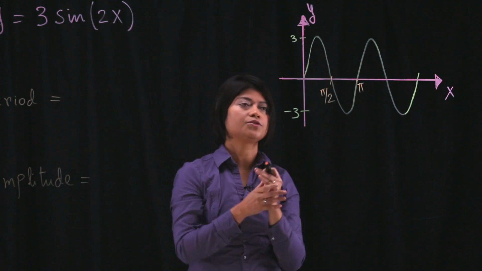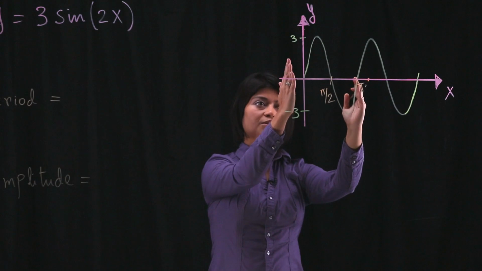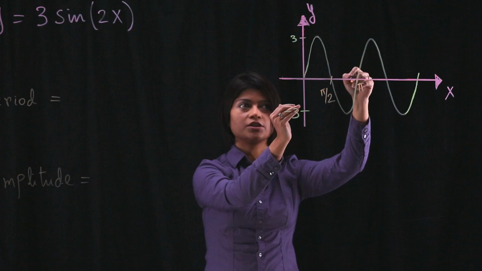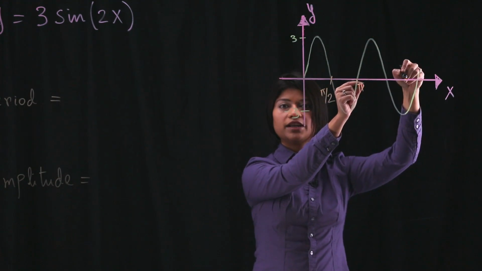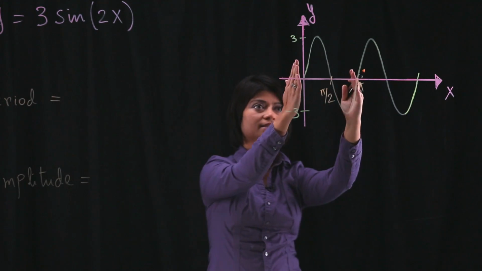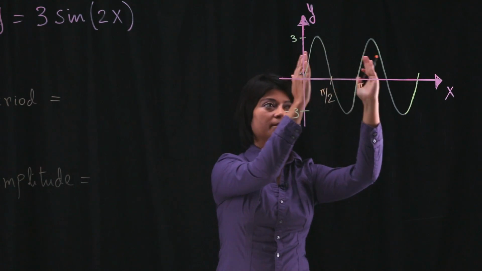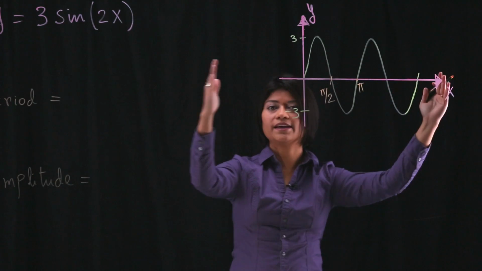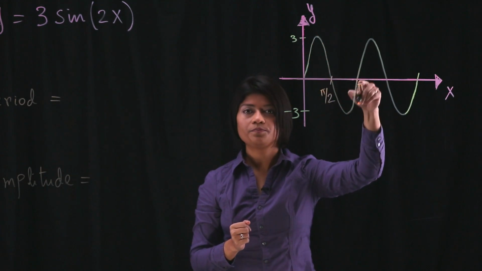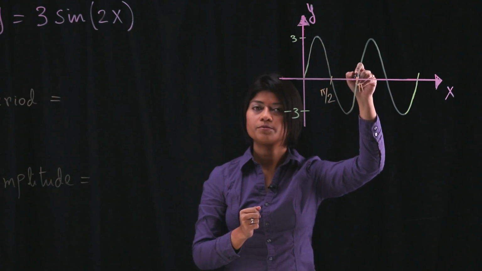Pi over 2 plus pi over 2. So the curve between 0 and pi, notice that portion repeats again, and it will repeat again, and on the left side too. So you can basically just cut that and then paste it, and you will get this entire curve, right? Now this is called a cycle, from 0 to pi, that portion.